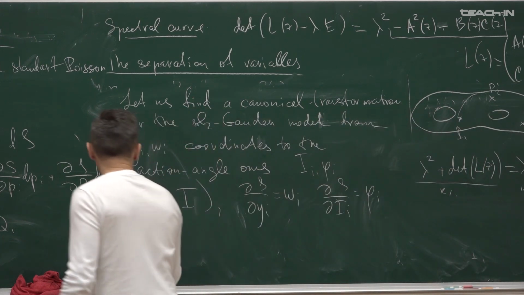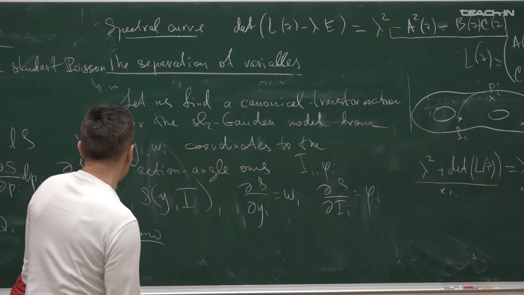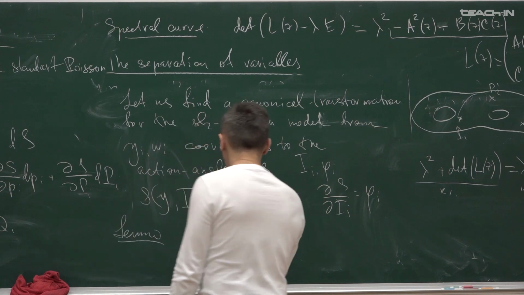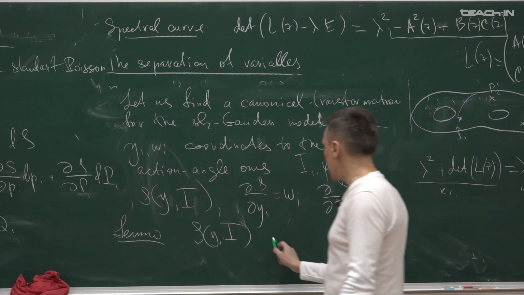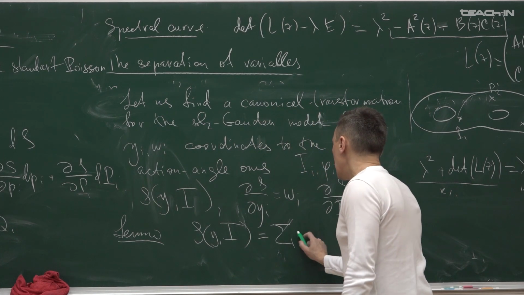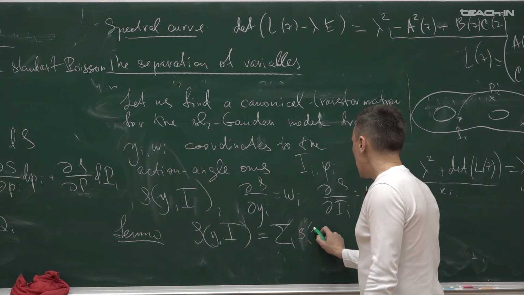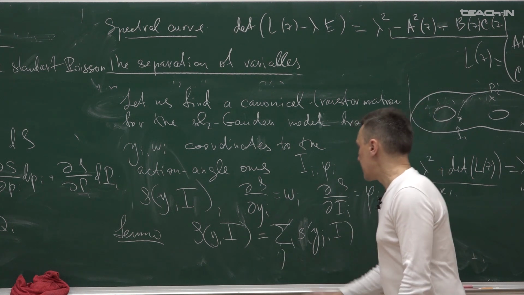So the lemma says that such a canonical transformation, the generating function of this canonical transformation, can be represented as the sum of s. Let me write small s of y_j and all I, over j.